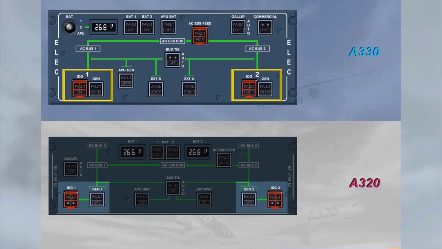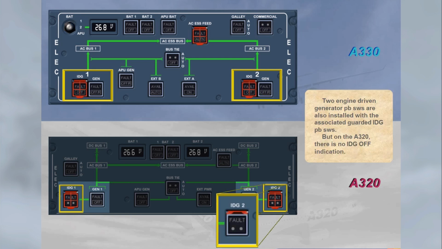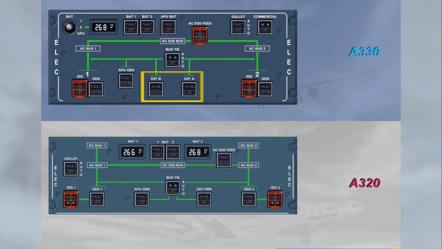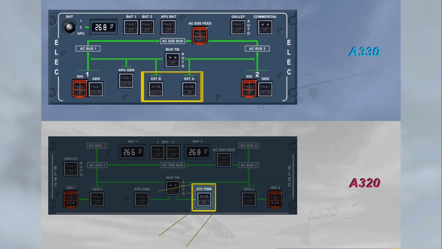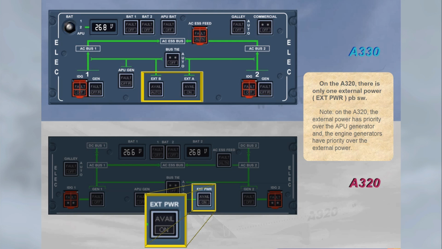But on the A320, there is no IDG off indication. On the A320, there is only one external power push-button switch. Note, on the A320, the external power has priority over the APU generator, and the engine generators have priority over the external power.